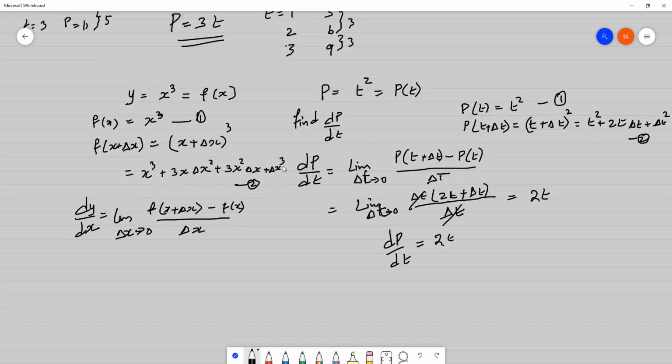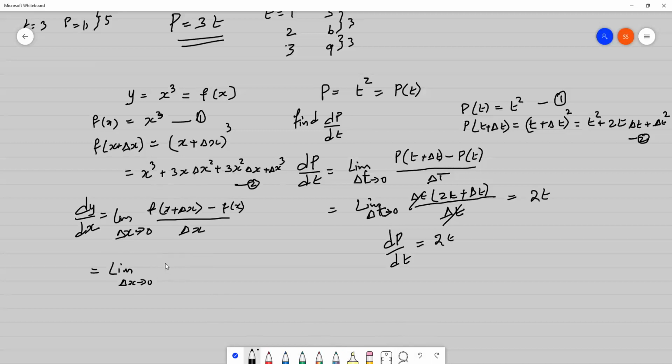When I subtract this minus this, then the x cube and x cube will get cancelled. So I'll write down this one. I'll take del x common outside. So this will become limit del x tends to 0. Instead of f of x plus del x minus f of x, I can write these three terms.